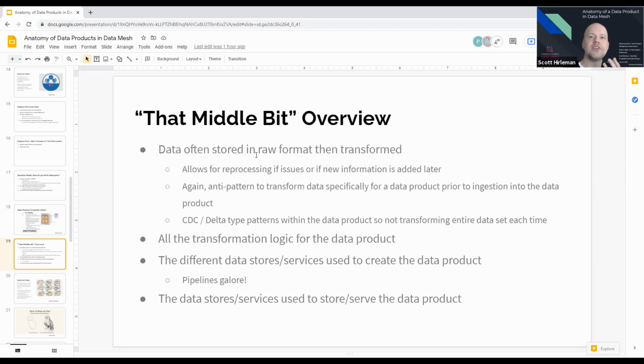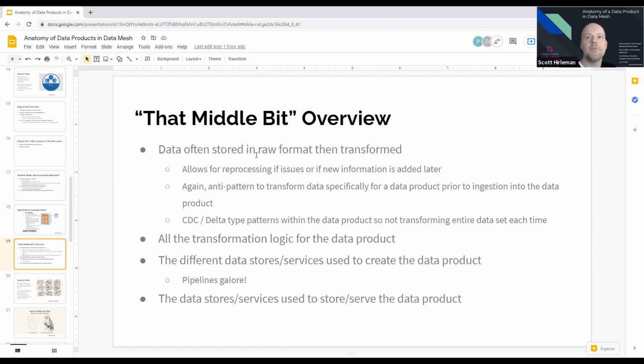It feels like there's a whole lot here, and there can be, because there can be multiple pipelines and all sorts of transformation logic, and the actual production of the end data that's going to be consumed, and then moving it to the places where it's going to be stored and served from.